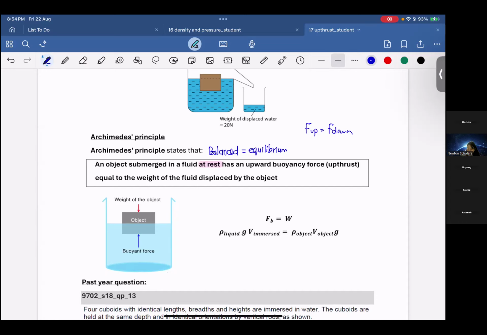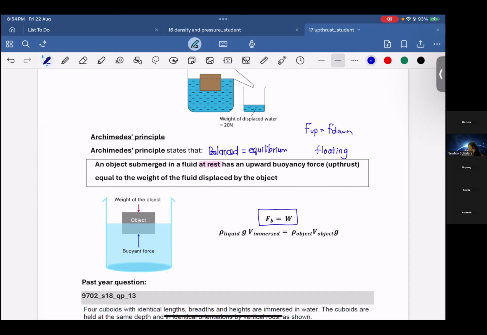What is our downward force? It is the weight. As long as the object is at equilibrium, at rest, floating, you see the keyword floating, also the same thing. So there will be equilibrium: upward force equals downward force.